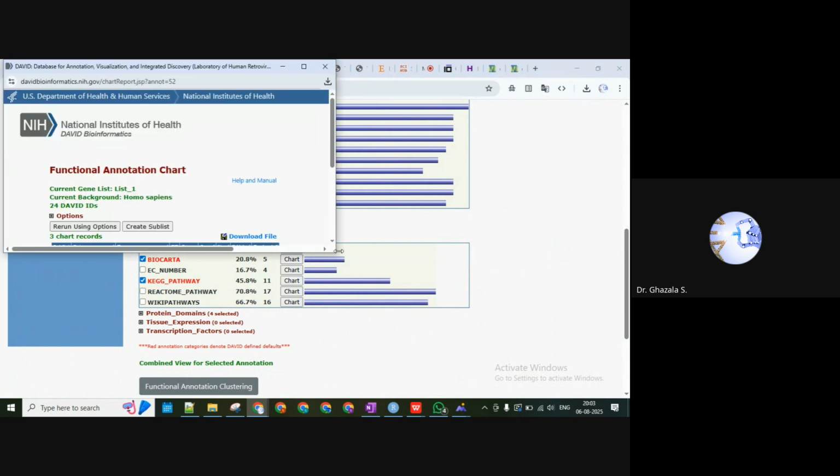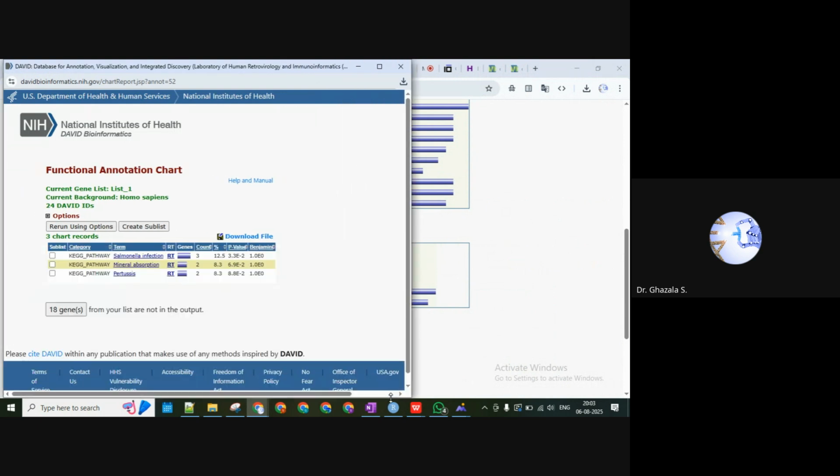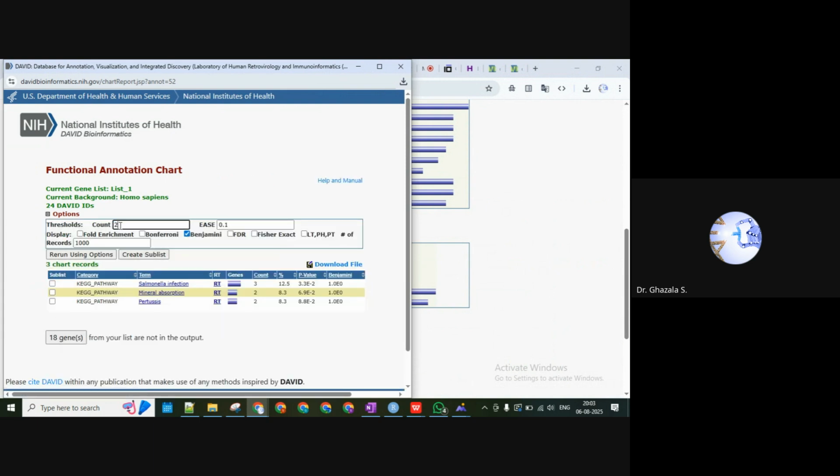So that is totally up to us what approach we want to go for annotation or any kind of study. Okay. Here we are getting a very small number of pathways. So again, we can modify the options to 1, because if we mention 0, then it means no gene is involved, so that is not relevant to us.